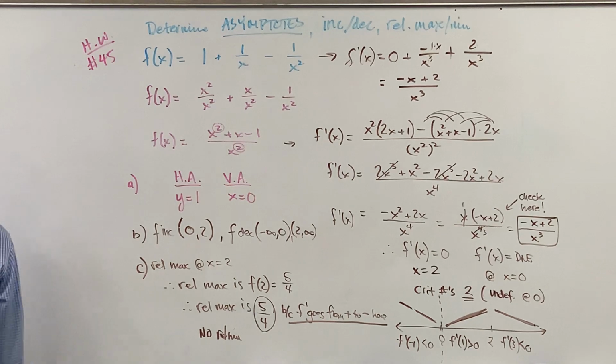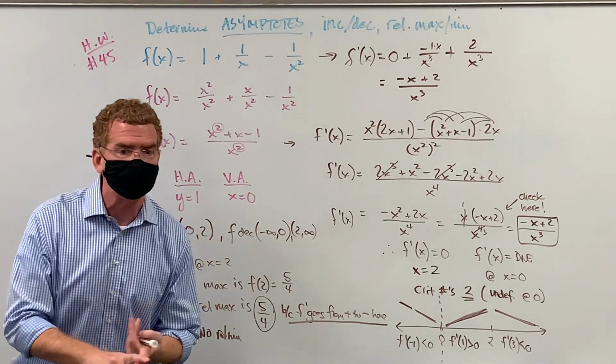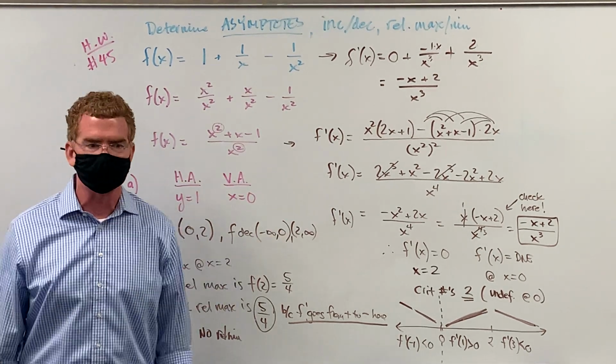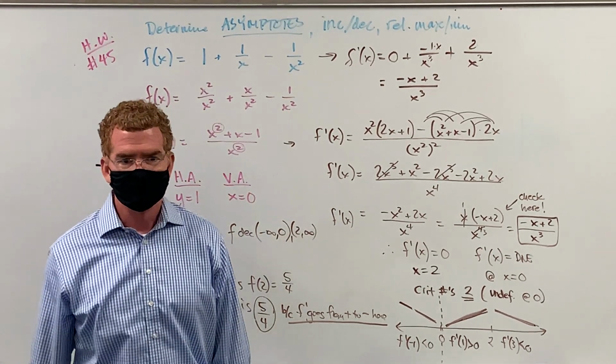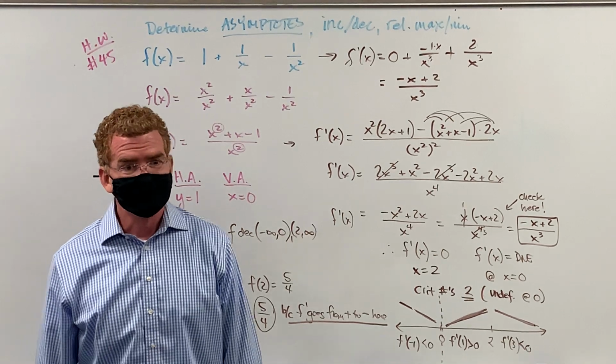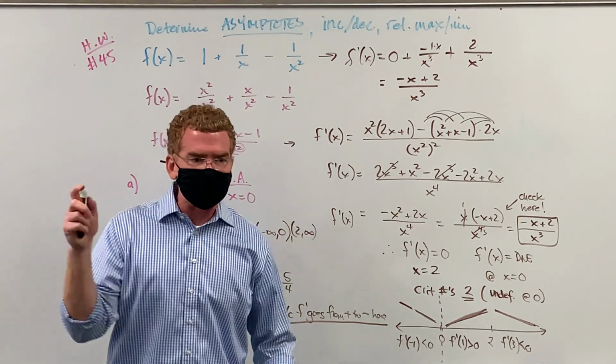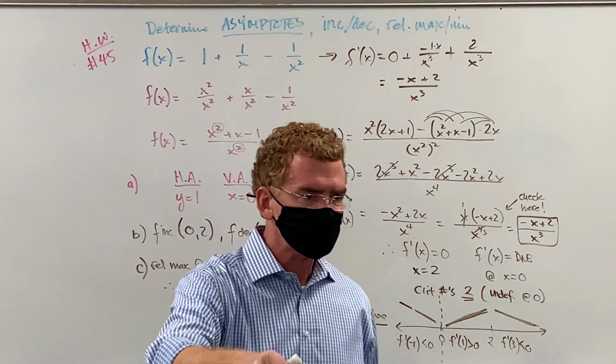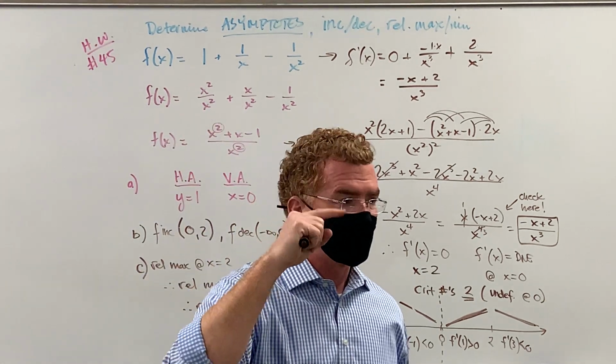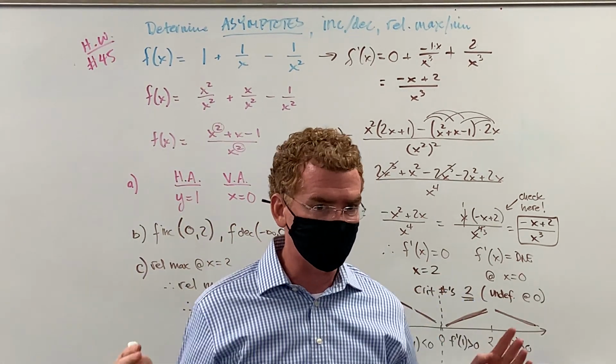So if you feel pretty good about this, I think you're in a good place right now. There's some things that we didn't talk about. We didn't talk about the extreme value theorem. What does the extreme value theorem tell you? Been a couple days, right? The extreme value theorem says you are guaranteed to have a max or min if what?